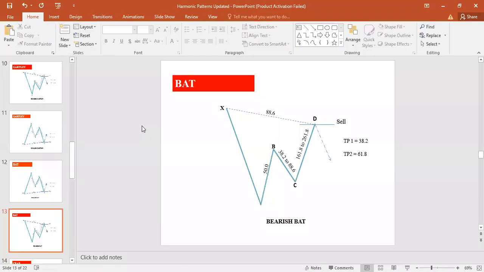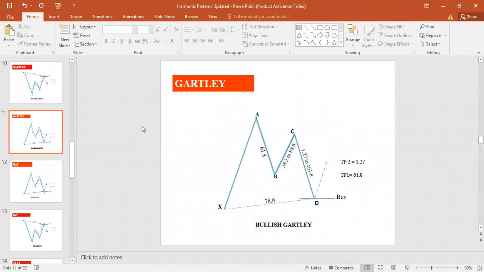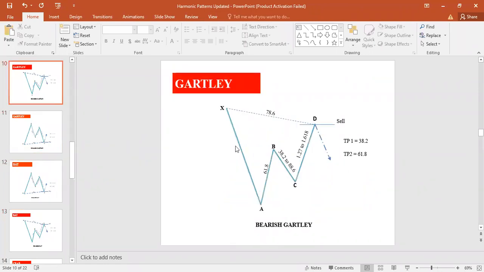But let's confirm. On a Gartley, it's 127 to 161.8. B to C will give 127 to 161.8. So let's check. B to C, 127 to 161.8.